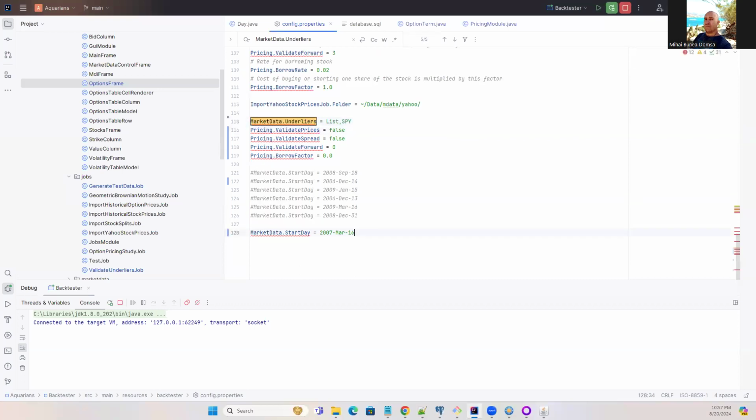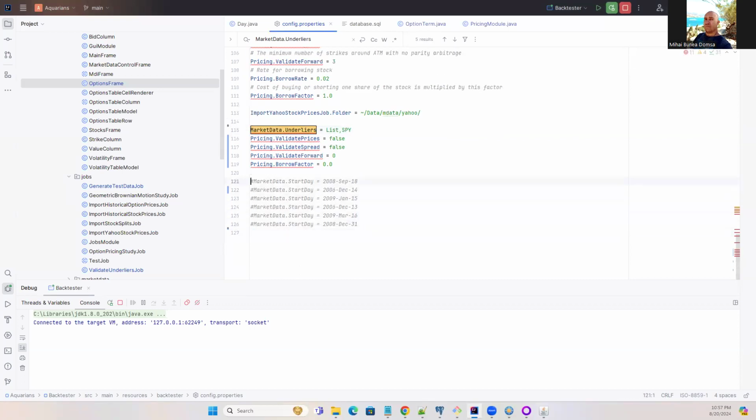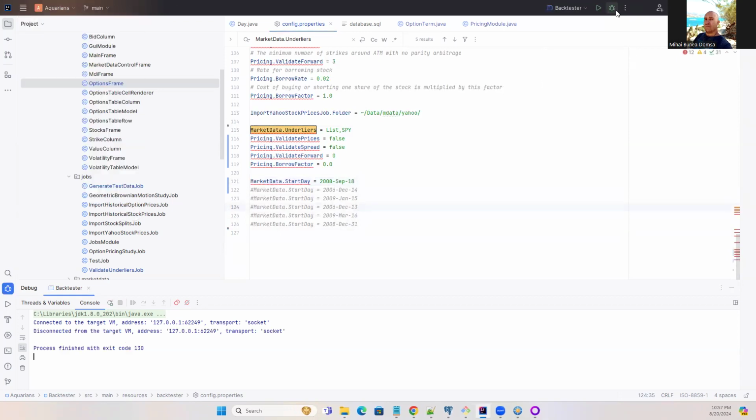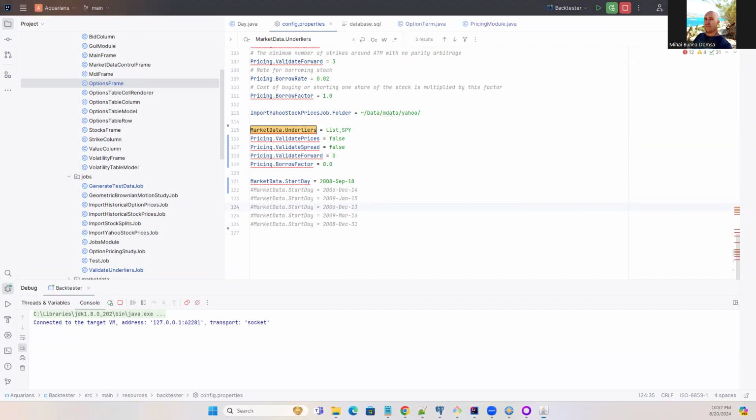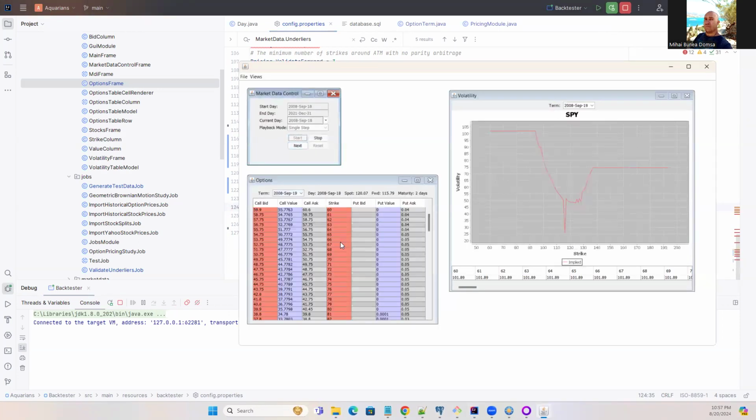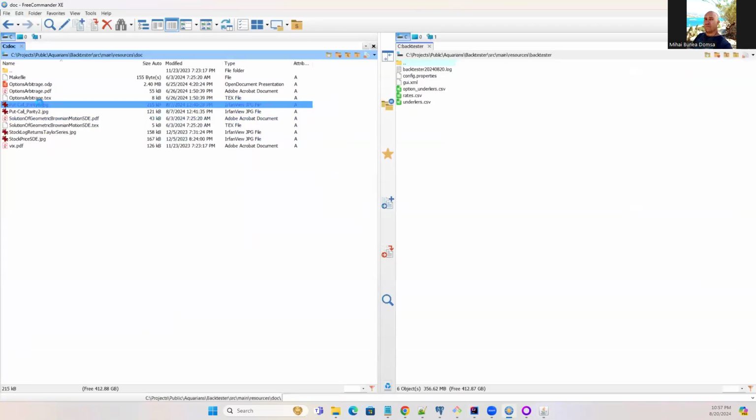Let's look at the data again on this particular day. One of the first problems with it is put-call parity arbitrage. So I'll discuss what that means.